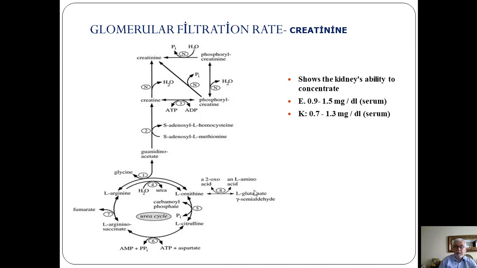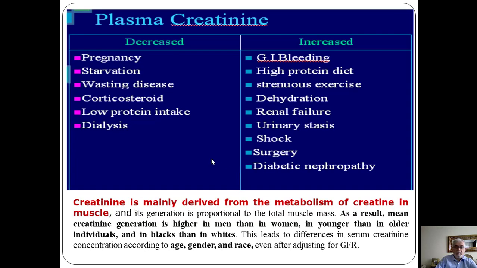When you look at men, the serum creatinine concentration is approximately 1 to 1.5, and in women 0.7 to 1.3 milligrams per deciliter. Plasma creatinine concentration depends on some factors.